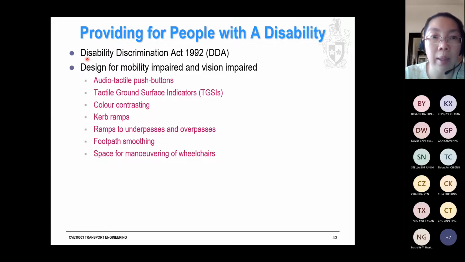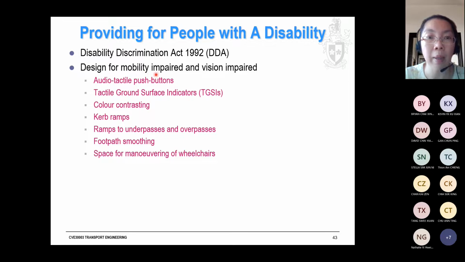Basically, what the act is all about is that we cater for people with disability. We don't discriminate against them. Just because they have disabilities doesn't mean that they cannot have the same right to society or to facilities. So we design for mobility impaired and vision impaired persons.